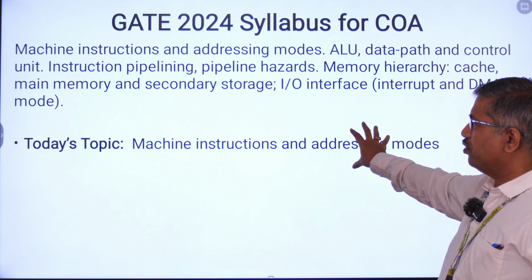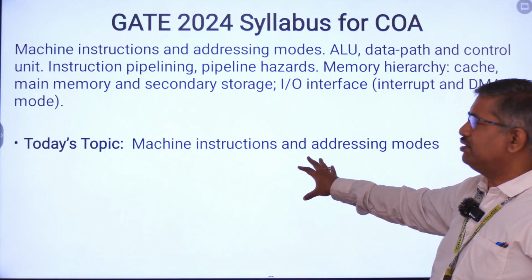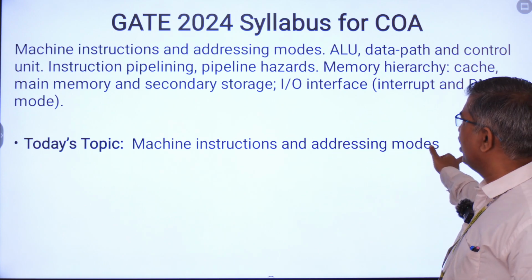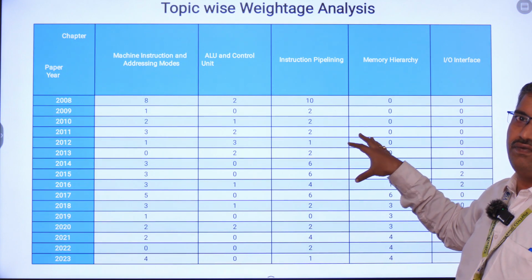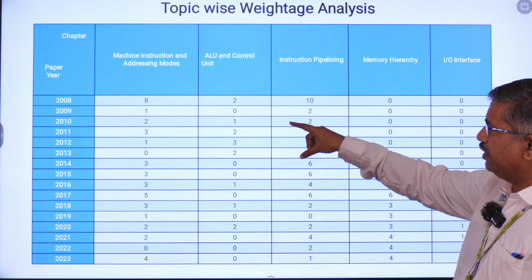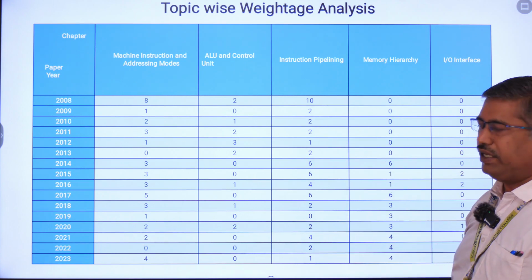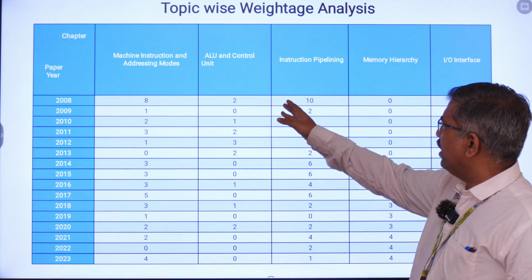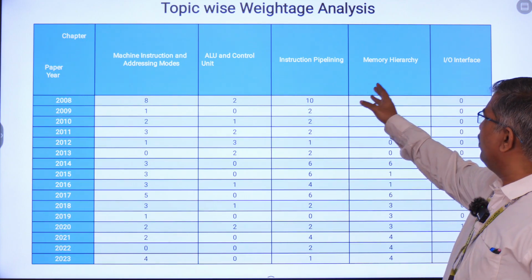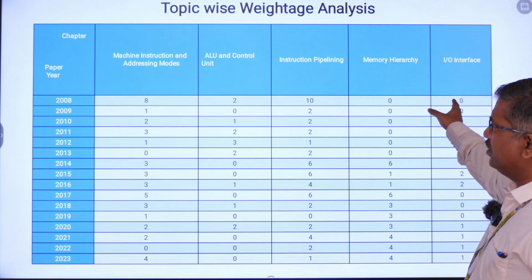Today we are going to discuss machine instructions and addressing modes. This is the topic-wise weightage analysis of GATE from the year 2008 to 2023: machine instruction and addressing mode, ALU and control unit, instruction pipelining, memory hierarchy, and I/O interface.